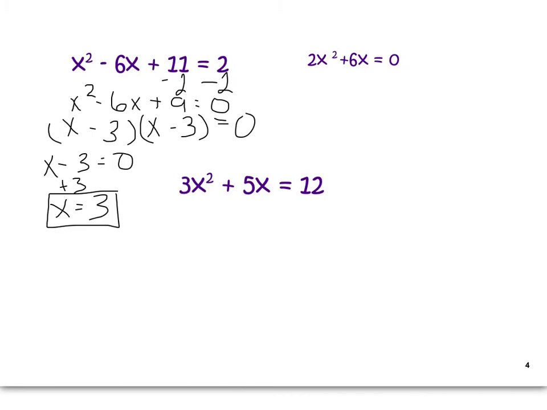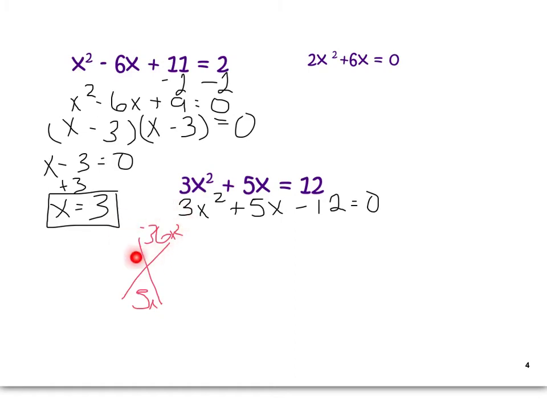Alright, moving on, I'm going to try out this guy right here. And like I said, it must be in standard form before you can truly solve by factoring. So I subtracted 12 from both sides. Alright, and since there is a number other than 1 in front of my x squared there, I'm going to use my x property and make sure I get my terms in there.